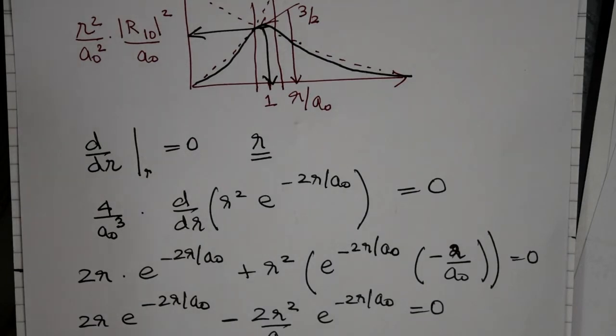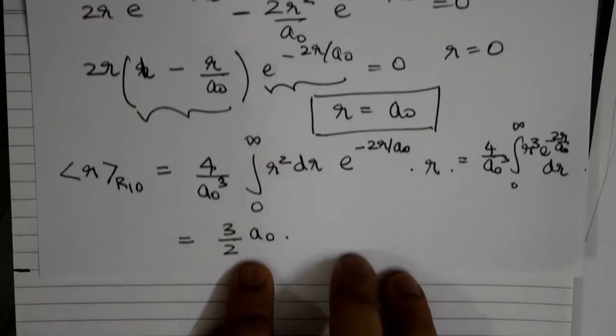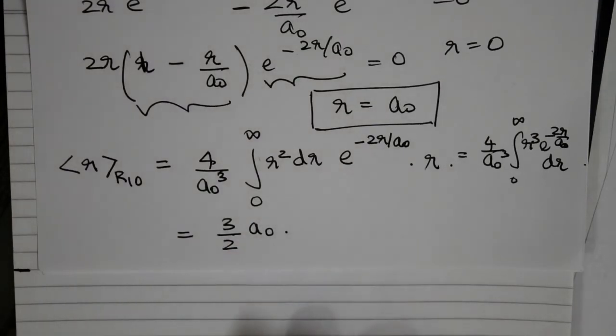Although the most likely place to find an electron will be at a naught, when you take an average across an ensemble, let's say you have Avogadro number of hydrogen atoms, and you try to take where you will find an electron from the nucleus, you would actually find it's not at a naught, it will be at 3 by 2 a naught. So this is an important aspect of quantum chemistry: although you have a maxima at some place, when you take a complete average, that ends up being subtly different.